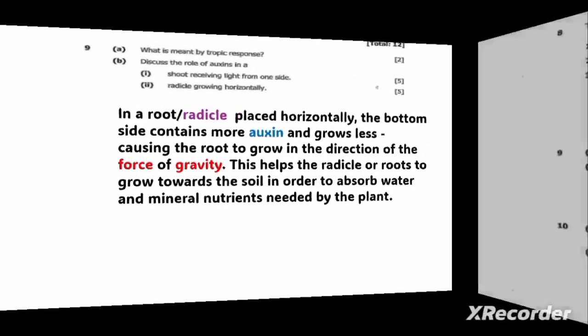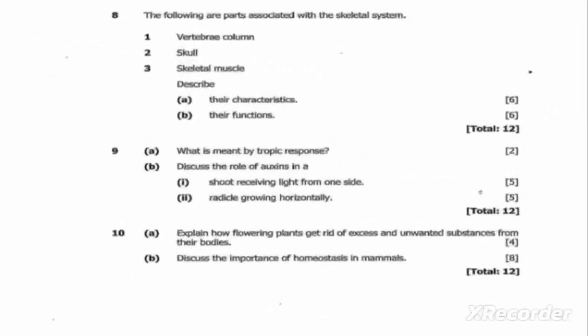We now shift to question 10. Question 10a reads: explain how flowering plants get rid of excess and unwanted substances from their bodies. The question is carrying 4 marks. So the unwanted substances are removed through stomata and backs of the stem.